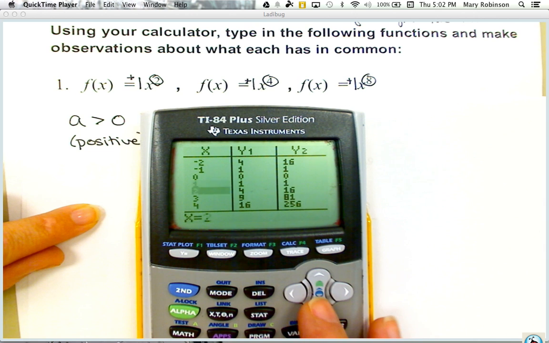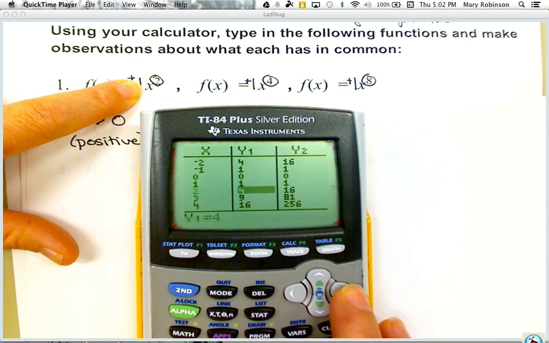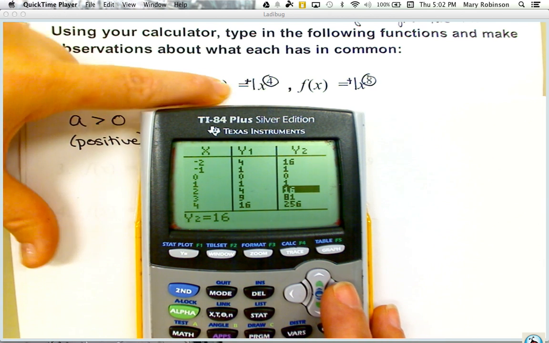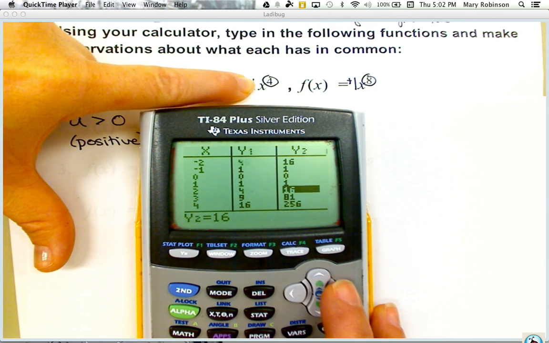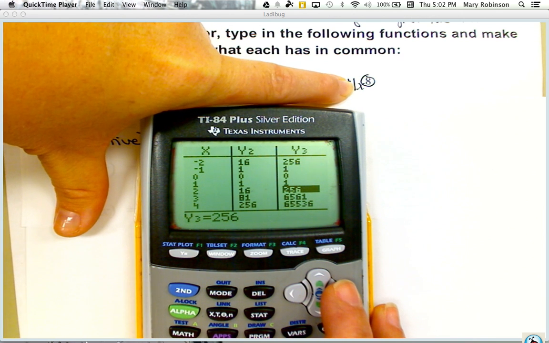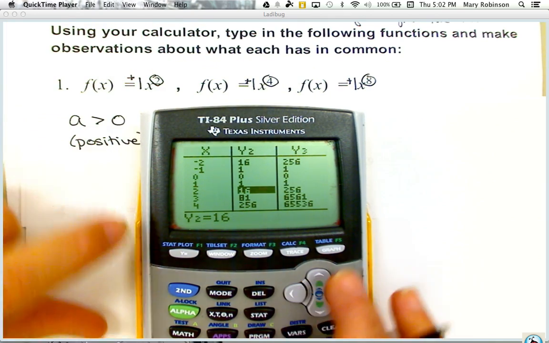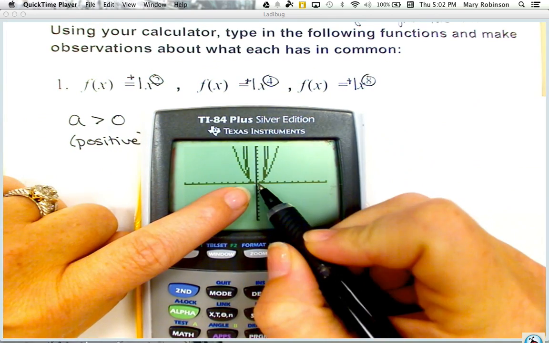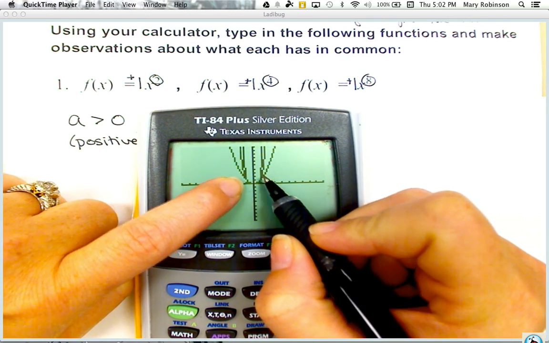However, after 1, when we raise 2 to the second power, we get 4. If we raise 2 to the fourth power, meaning 2 times 2 times 2 times 2, we get 16. And 2 to the 8th power would mean 2 times itself 8 times, we get 256. So what this means is that as our exponent gets larger, when we raise it to a power, it gets bigger quicker.